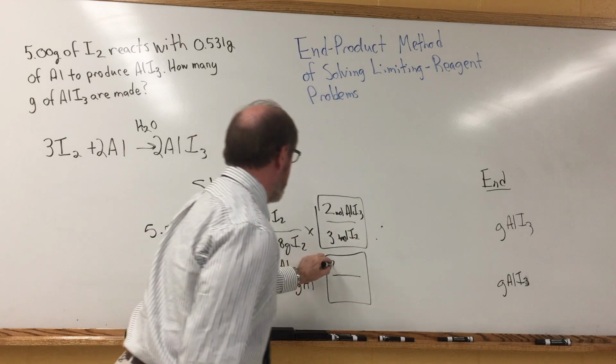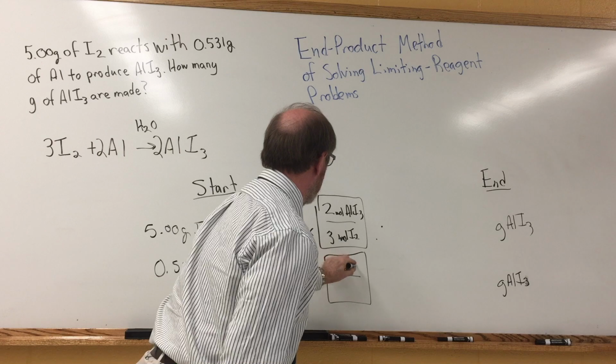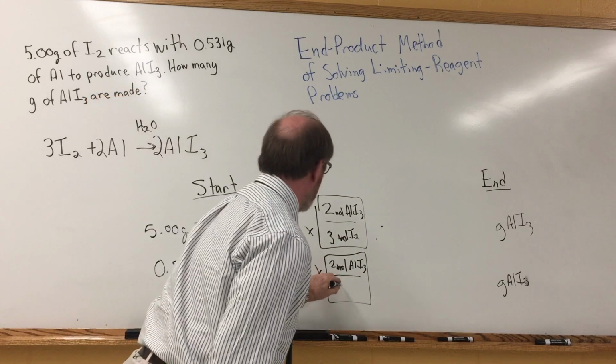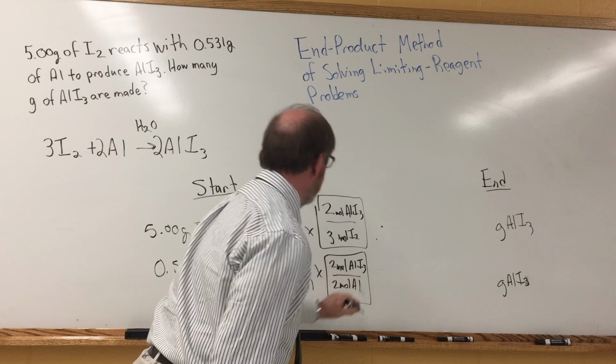The top is going to be the same for the bottom equation as well, because we're still going to aluminum iodide, but the bottom is going to be different because we need 2 moles of aluminum.